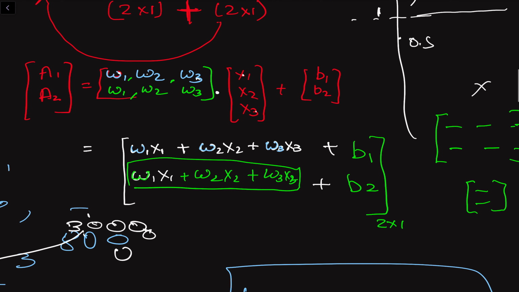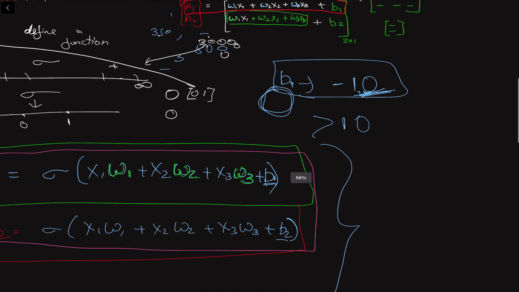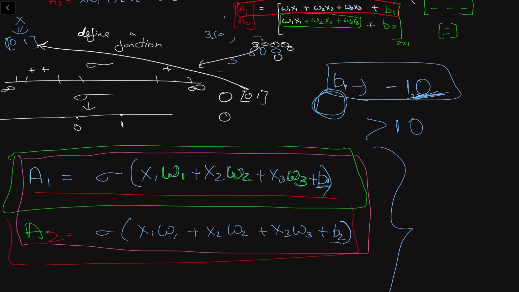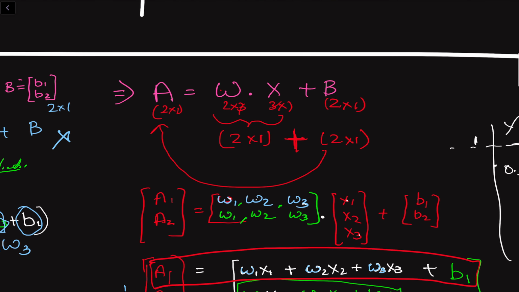On the left side of the equal sign, we have A1, A2, which means A1 equals the first term, which exactly represents this term right here without the sigma. So apparently we need to put a sigma right here. All right, so that is our term represented in matrices.